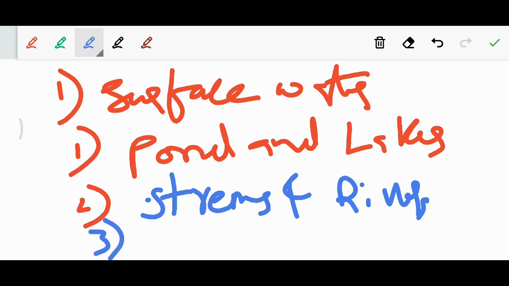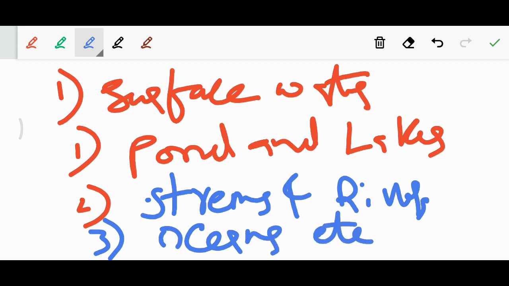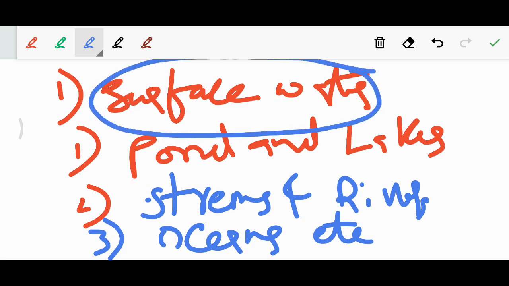The third one will be ocean, etc. Storage reservoirs or any general natural or artificial reservoirs come under surface water, or else surface source of water.